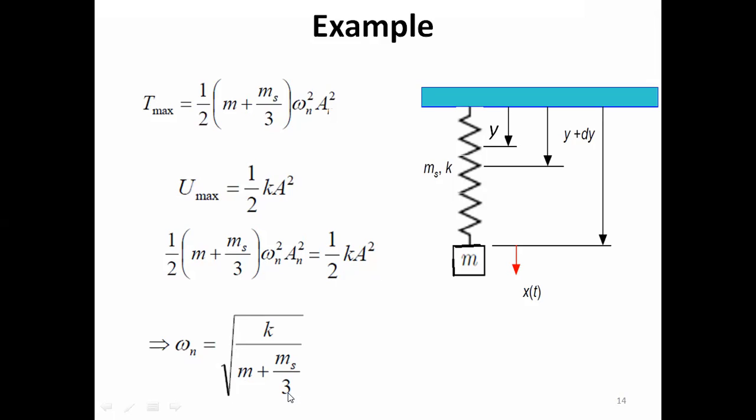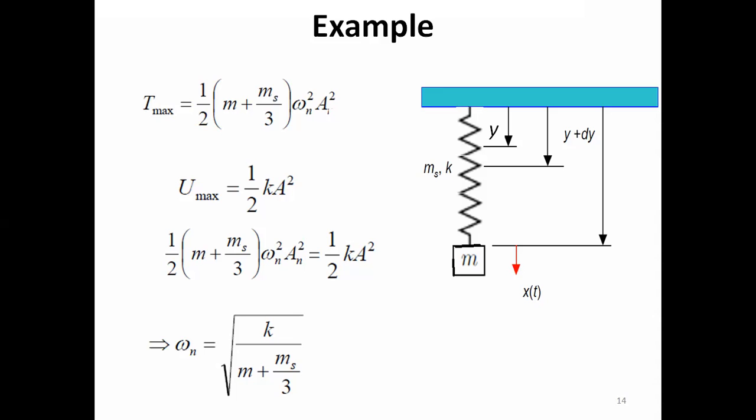So now we have the model for systems where the spring mass is considerable. It is not ignorable. The spring mass is comparable to the suspended mass of the system. So in that case, we have to use this mathematical model: omega n is equal to under the root k by m plus ms by 3.